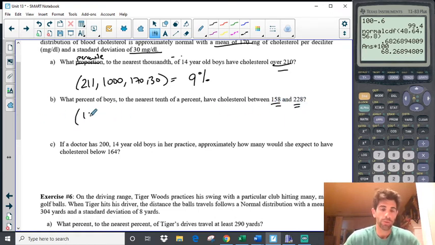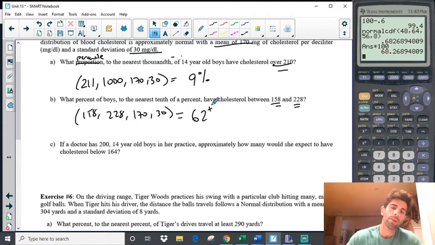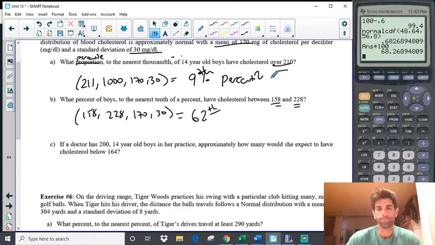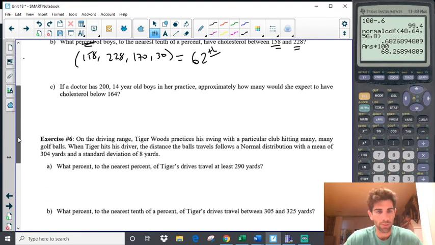So you're going to do your normal CDF at 158, 228. There's no 1,000 here because I gave you a start and a stop. Your mean, your standard deviation, 62%. No, I keep saying percent, 62nd percentile, 9th percentile. Let's say 1%. I guess it depends on how you like to look at it.